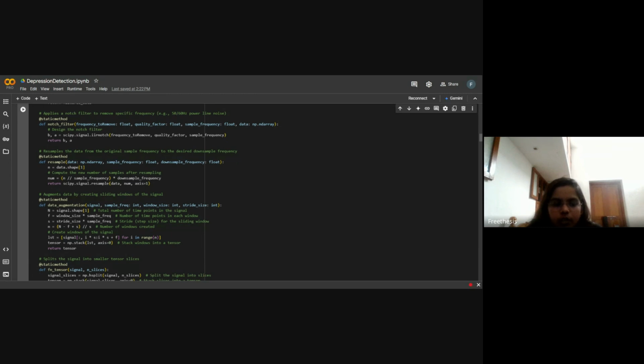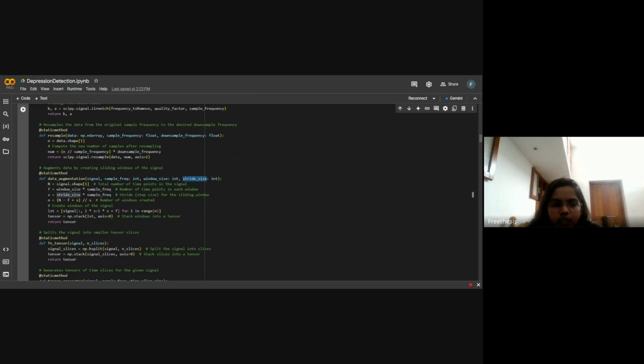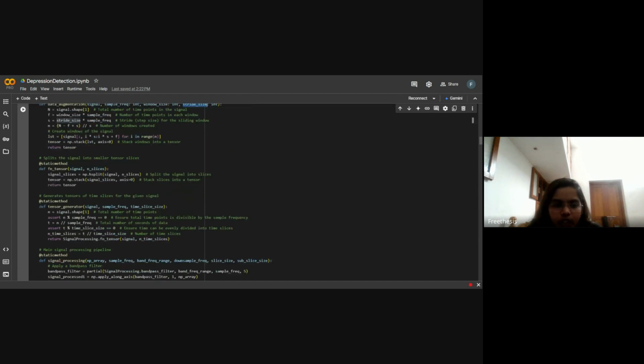We take 6 seconds of the signal as a window and 2 seconds as the stride size. It will split the signal into 6-second windows, and then overlap each 6-second window by the 2-second stride. We augment the signal, and then we have the signal stored in the form of a tensor.